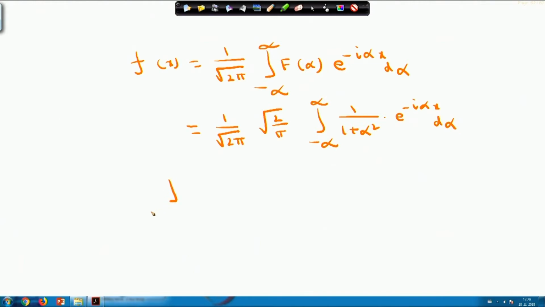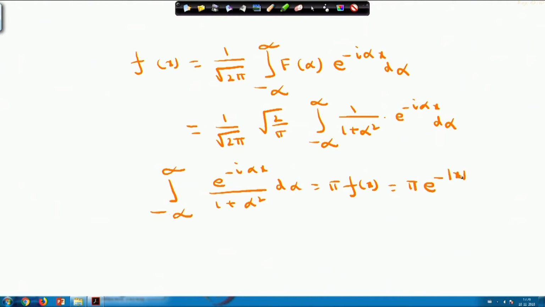So the value of the given integral, minus infinity to infinity e power minus i alpha x by 1 plus alpha square d alpha, equals, root 2 and this pi will cancel, one pi will come over here, pi into f x, and your f x is nothing but e power minus mod x. So the value of this integral is pi into e power minus mod x.